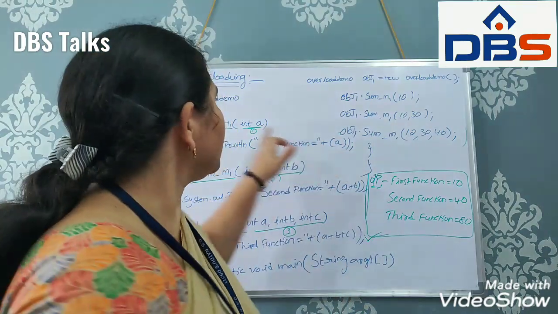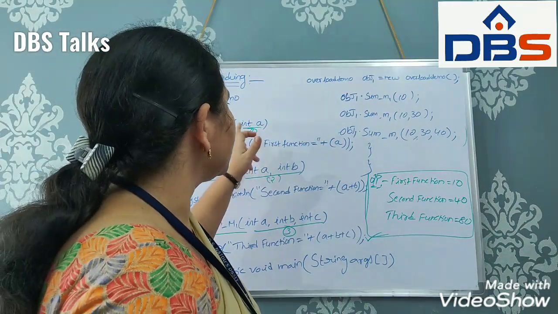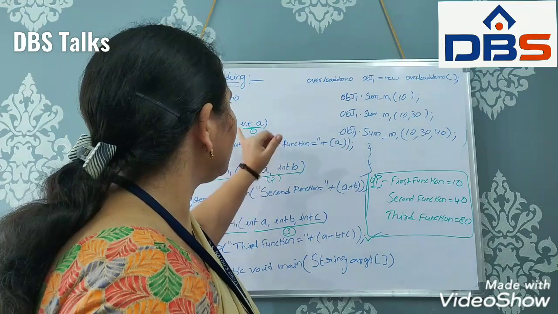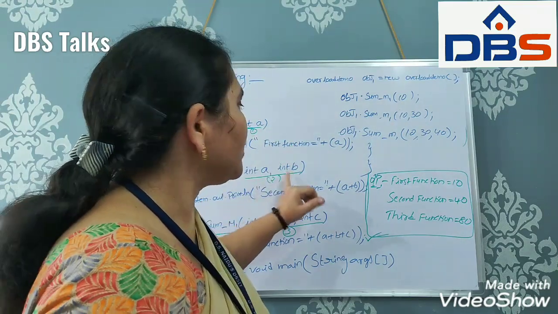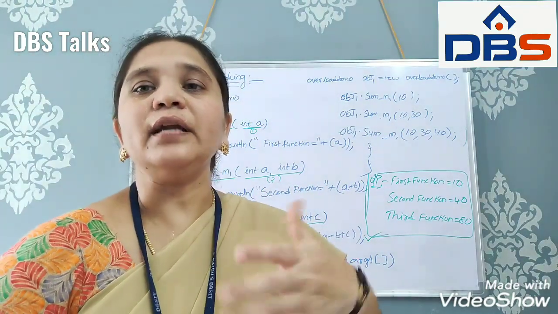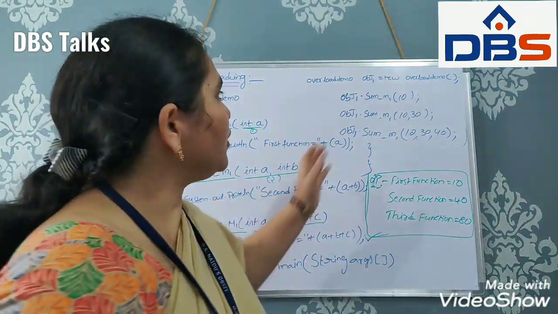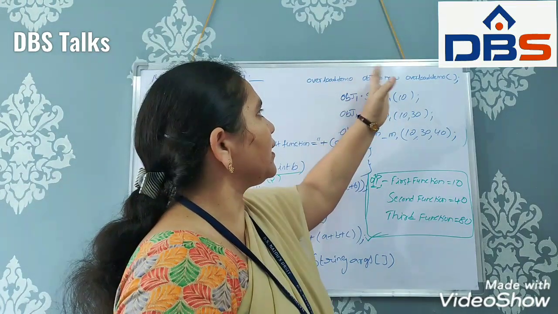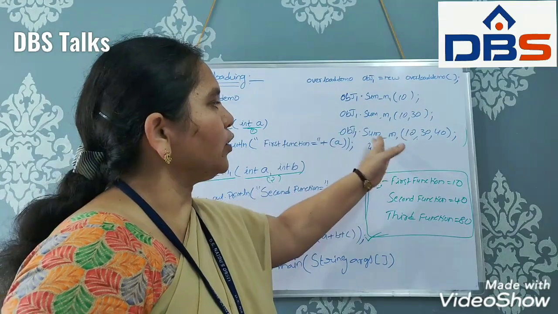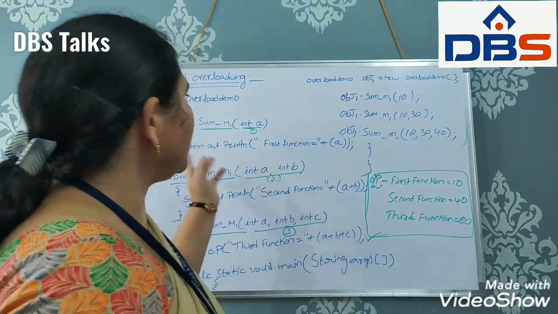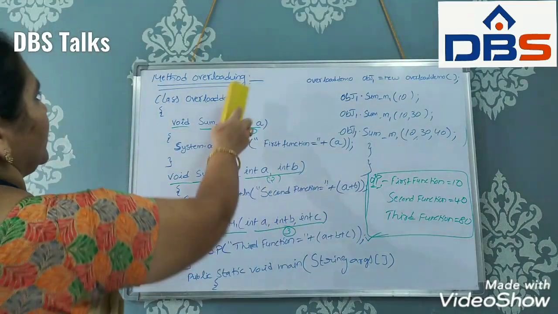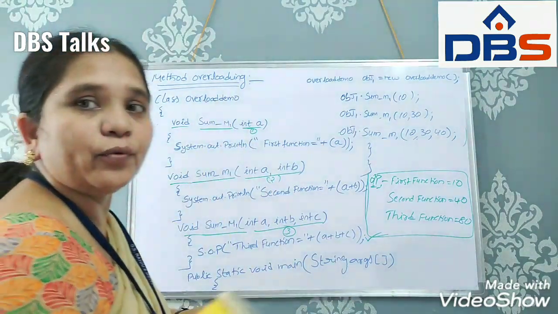Different signature means passing arguments according to their size. Here we are passing one argument, here 2 arguments, here 3 arguments, different signatures. Then we can call them by creating an object, and then we can print according to our statements. Okay, this is a program for method overloading. Have you all understood?